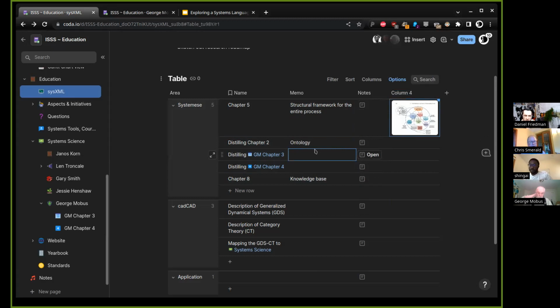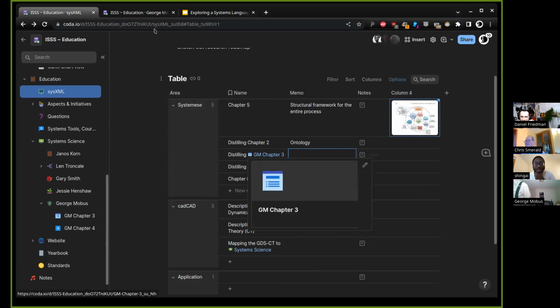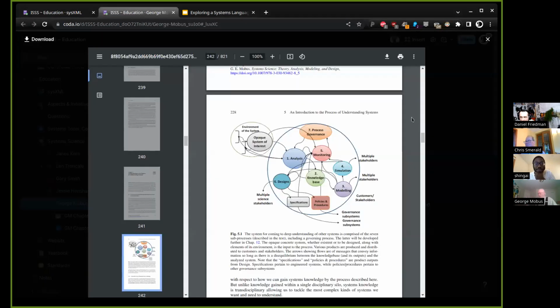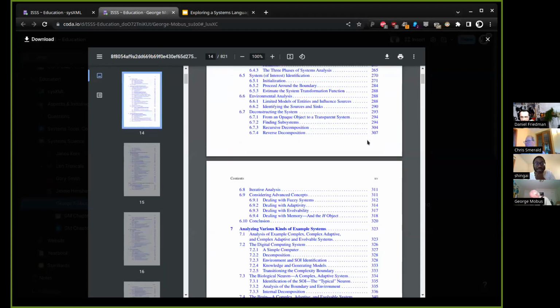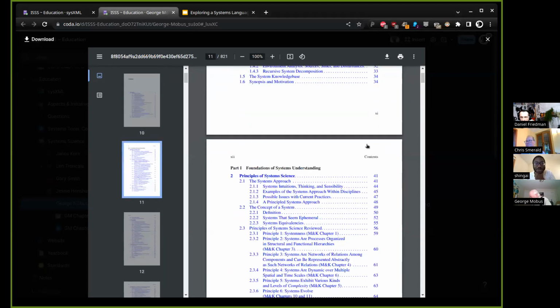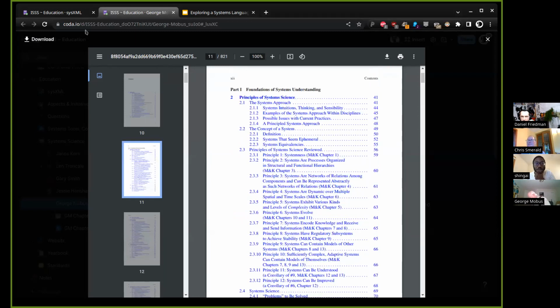The 3. 3 is the oh, wait a minute. Let me Shanghai, help me. I thought 3 was ontology, but No. Hold on a second. Sorry. I'm on mute. Chapter 2 is reviewing principles of system science.